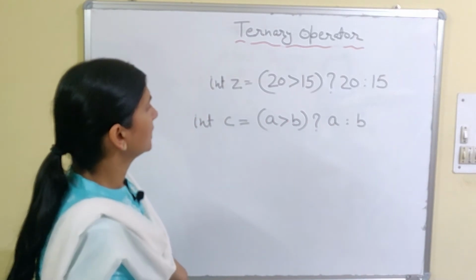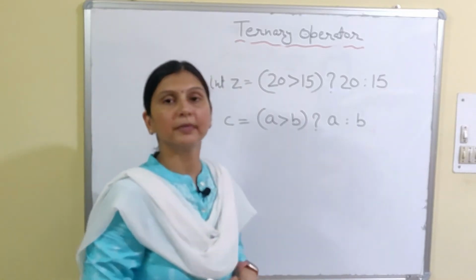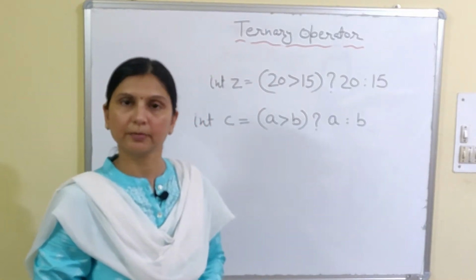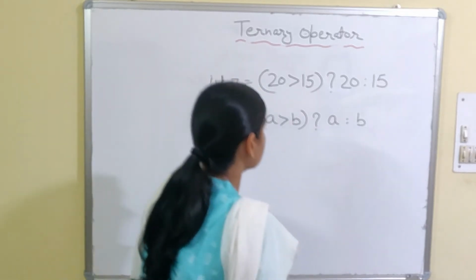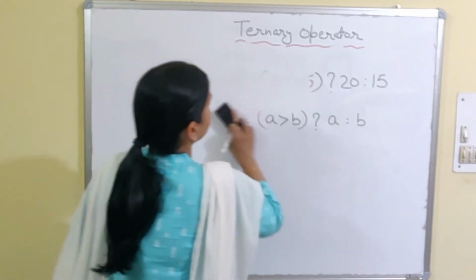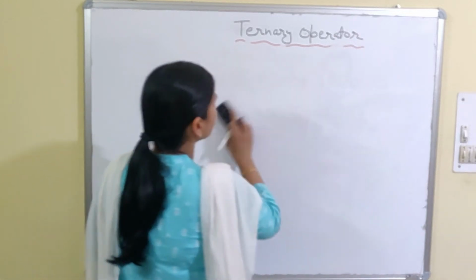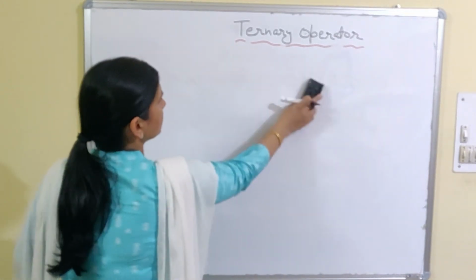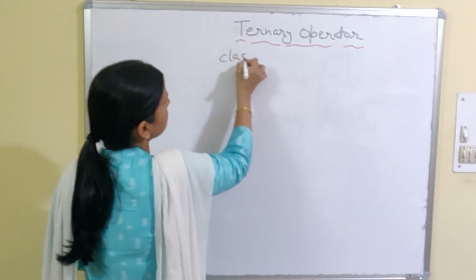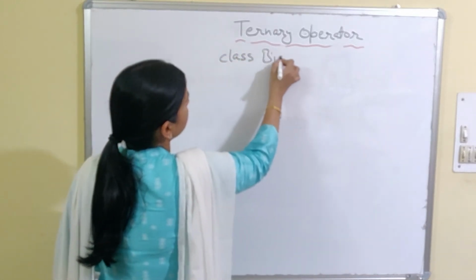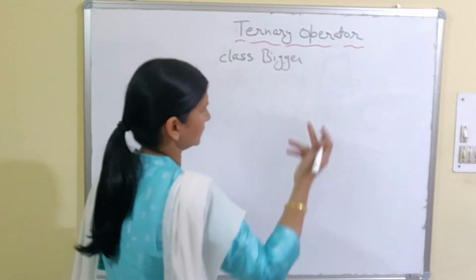Fine. Now how will we make use of the ternary operator in a program? So let's make very simple programs. Start with a simple one, like greater of two numbers. Fine. So let's start. Class bigger or greater, whatever you wish.